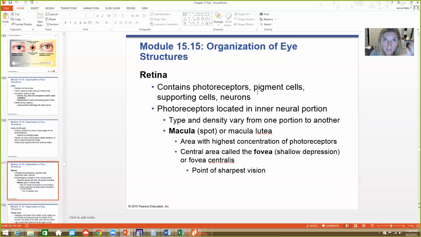I can see the pictures of my kids over here, my to-do lists, the PowerPoint and my keyboard down here, but I can't see that stuff as detailed as I can see this camera in front of me. So the fovea is where the light that you want to focus on is going.